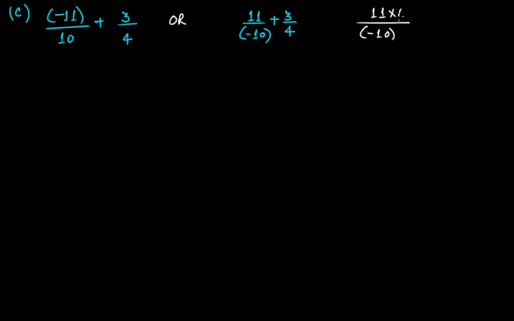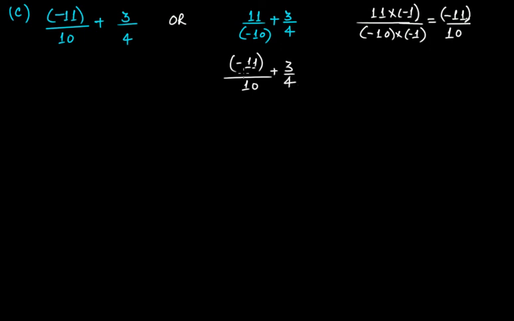So multiply with minus 1 and multiply with minus 1. This is the way to find the equivalent rational number. It becomes minus 11 over 10.